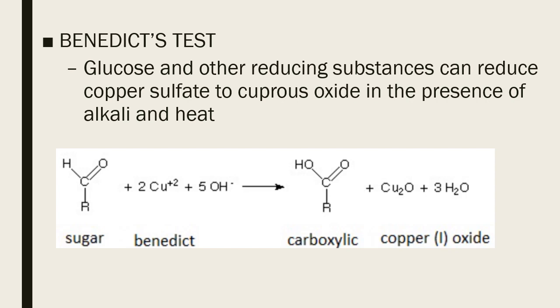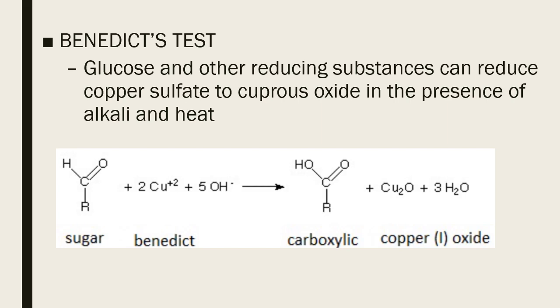Note that glucose is a reducing sugar. So your sugar, plus your copper sulfate, plus your reducing substance, will produce your cuprous oxide, and this will give you a color.